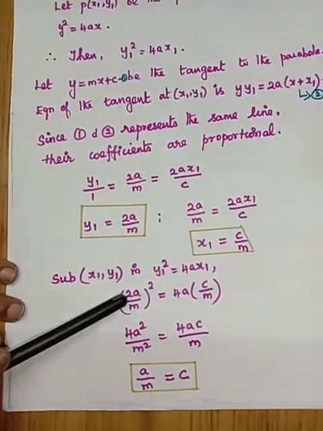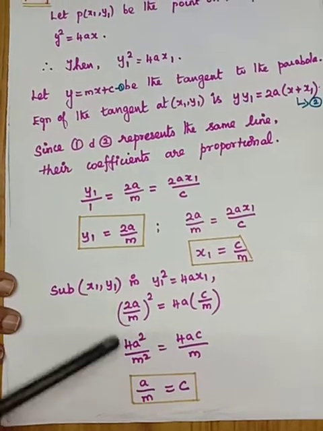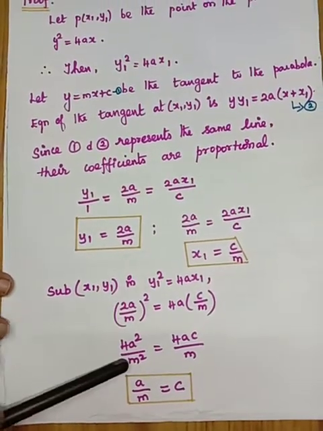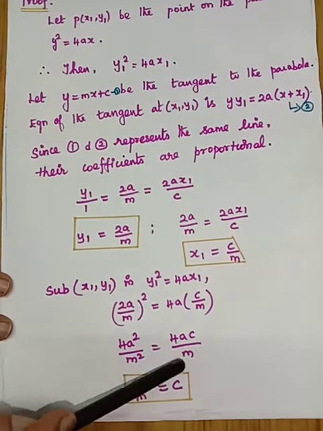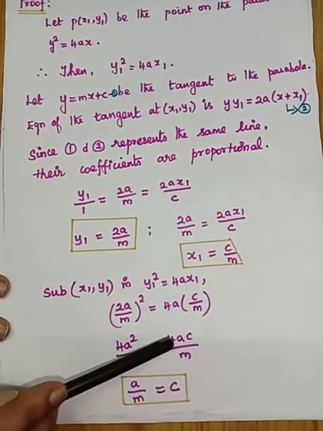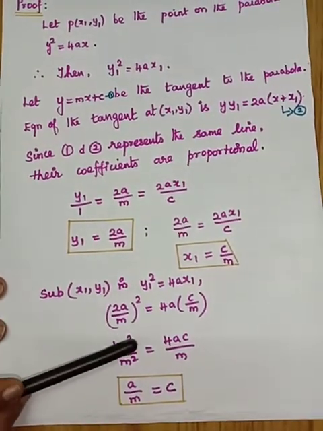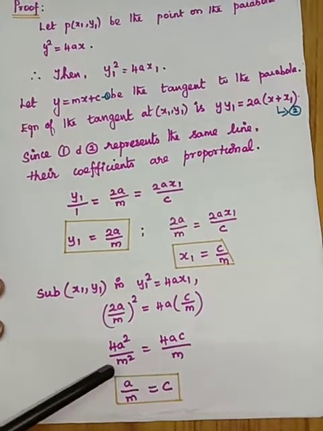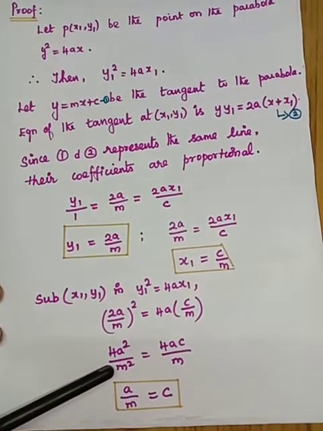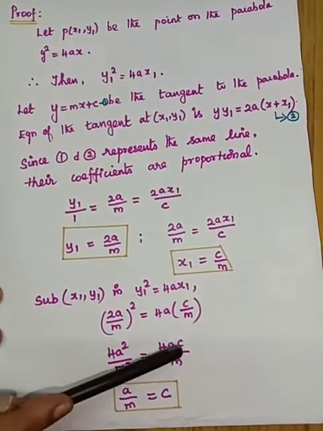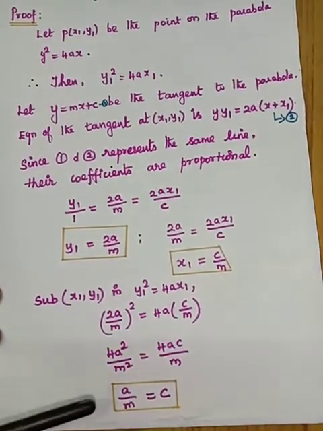So (2a)² is 4a²/m², which equals 4ac/m. The 4a gets cancelled, and one m gets cancelled from m². What is remaining? c = a/m.